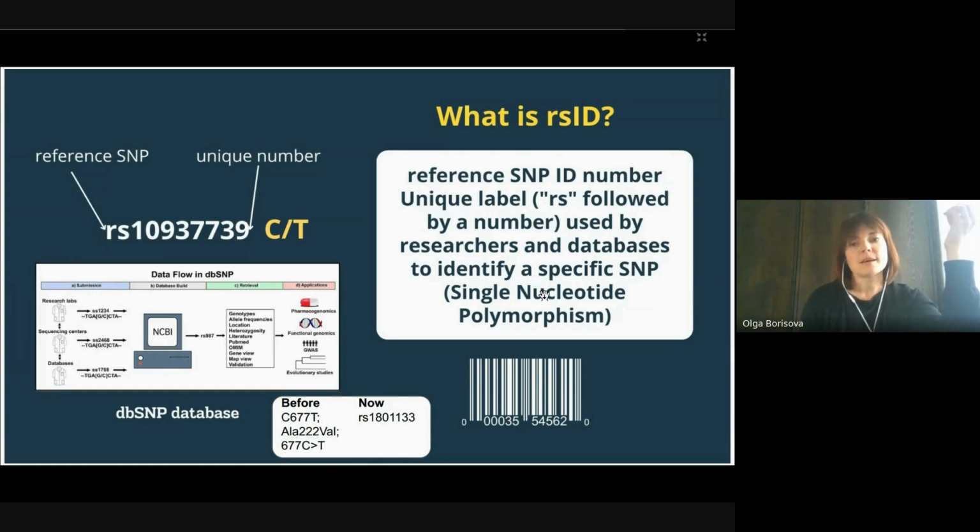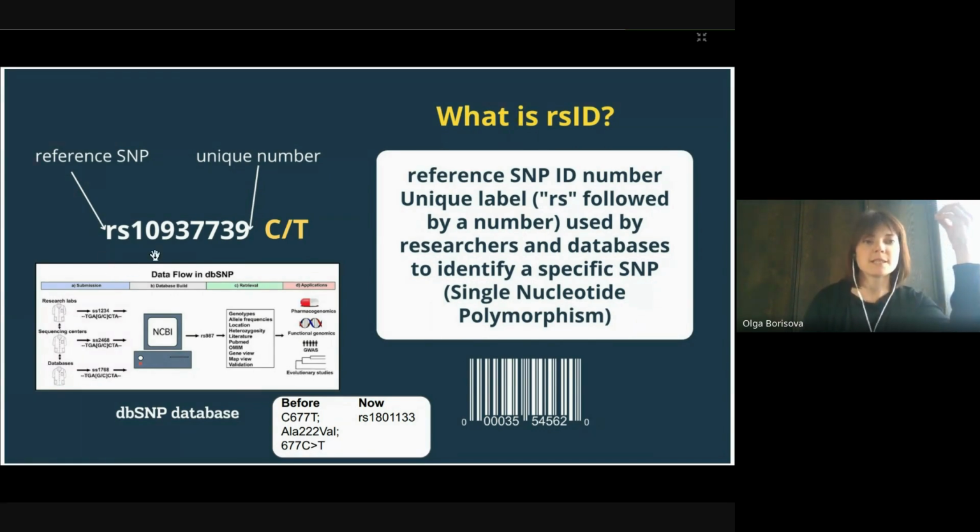Think of it as a label that helps us identify and talk about specific spots in our genome which are different between different people. It's like having a unique ID, or a QR number for a book in a library. It makes finding and referencing things a lot simpler.